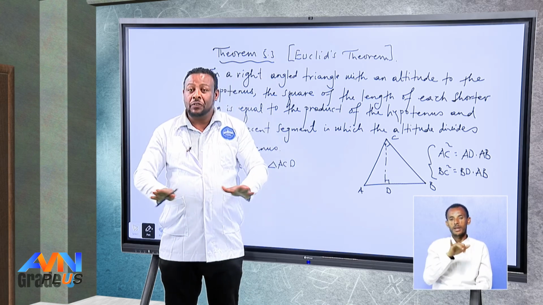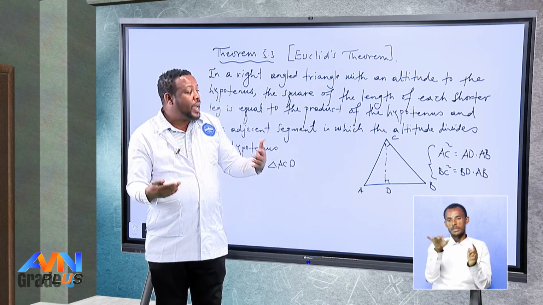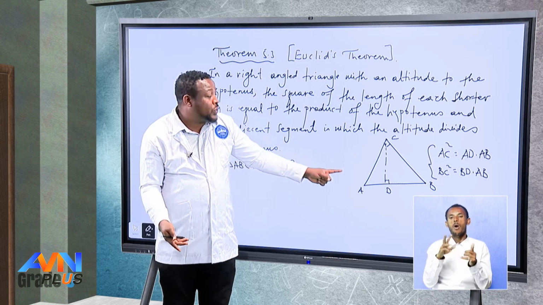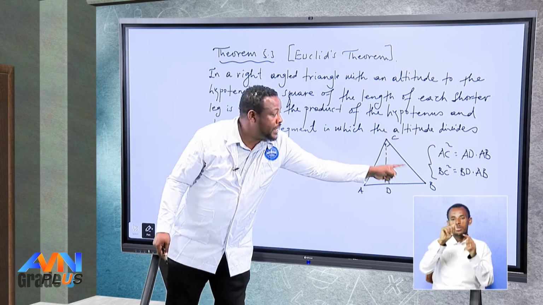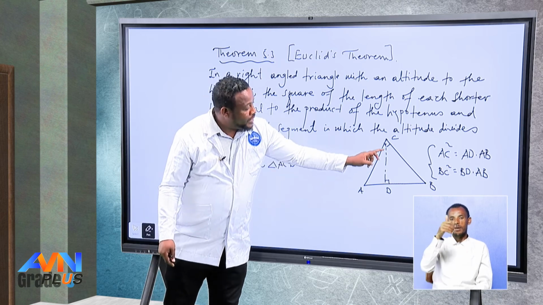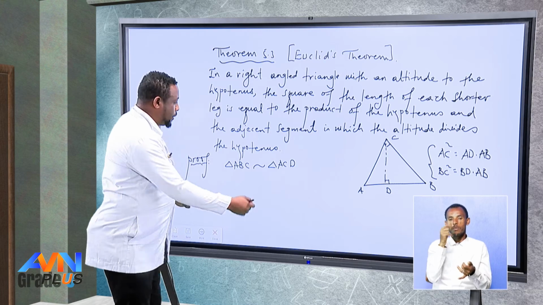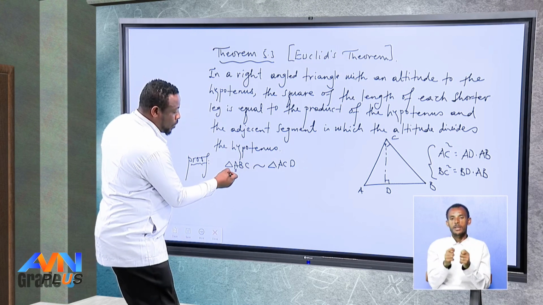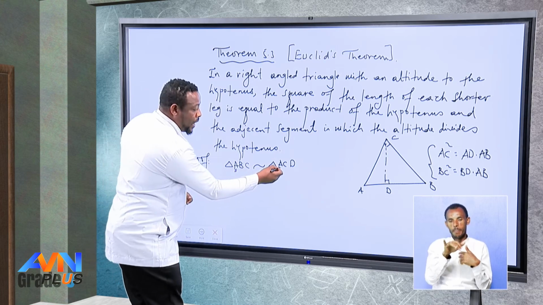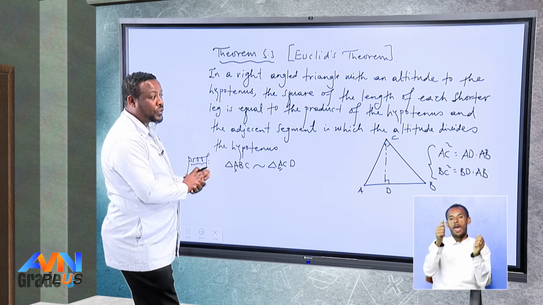Okay, we have seen different similarity theorems. How can we say these two triangles, ABC and ACD, are similar? If you see, these two triangles have a common angle, A. A is common in both triangles.